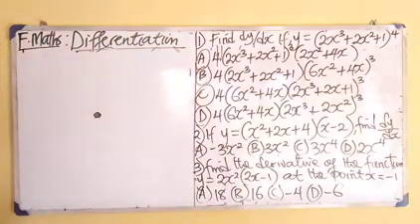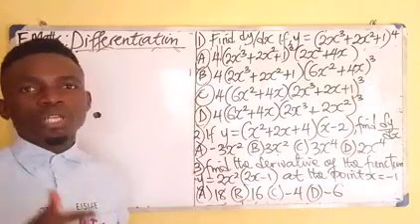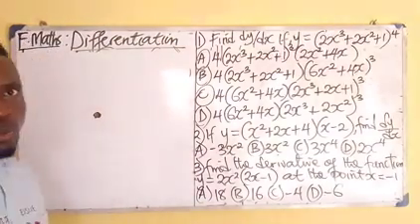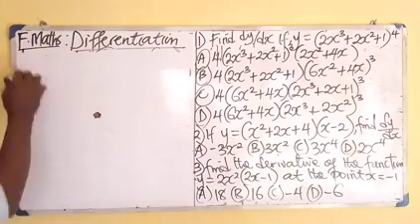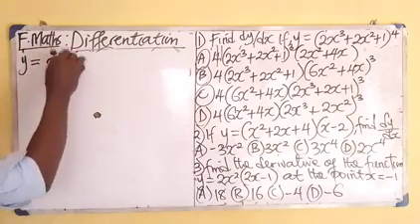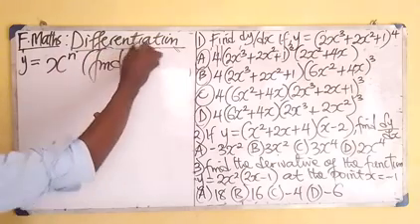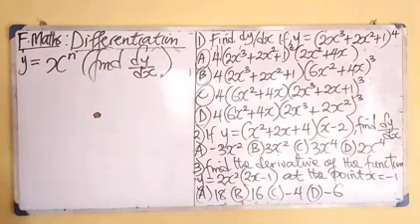And please, before we start looking at questions on the board, or before we start solving practical exam questions, let me give you the rules. The rules are very, very important. Now, if I'm having y equal to x raised by n, and I'm asked to find dy over dx, what will I do?